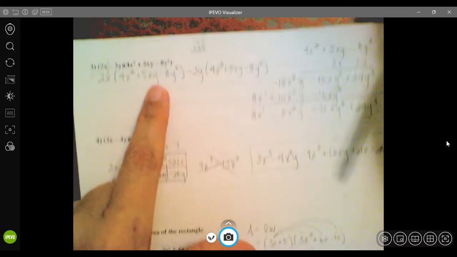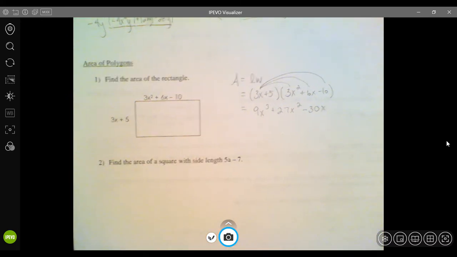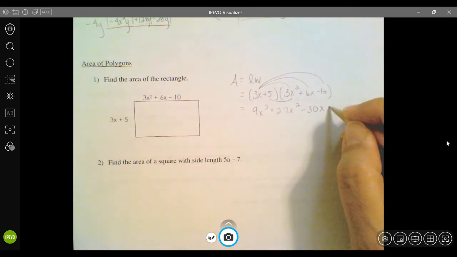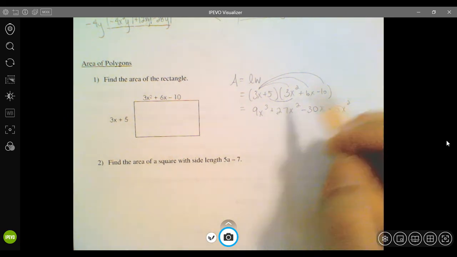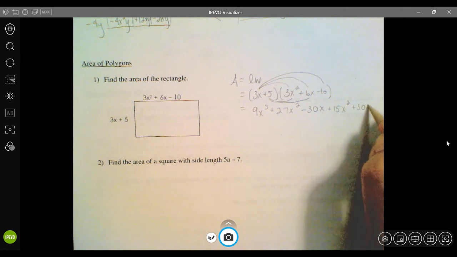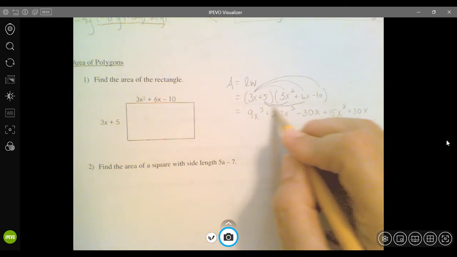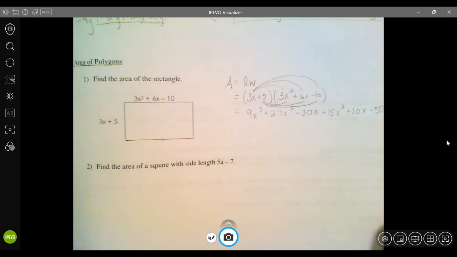This is sort of what I was showing you up here, but I'm making it not so complicated. Now I'm going to take 5 times 3x squared, which is 15x squared. And I'll take 5 times 6x, which is 30x. And then I'll take 5 times negative 10, which is negative 50.